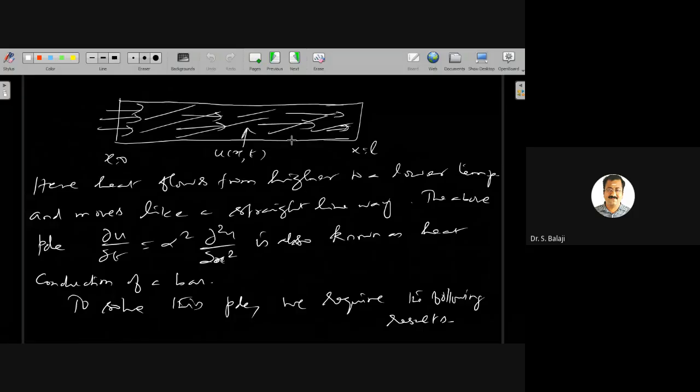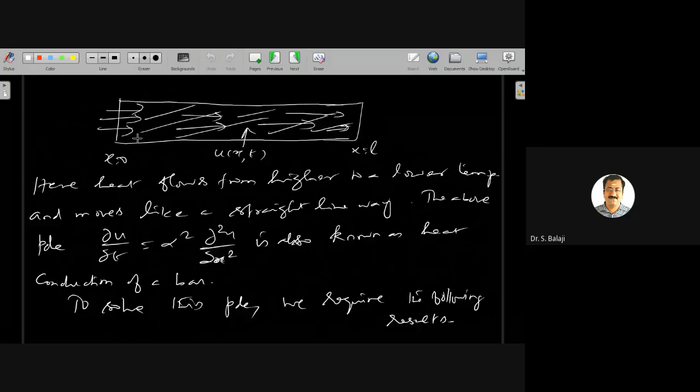So this is your metal bar. Suppose it is of finite length, x equal to 0 to x equal to L. We are heating the metal bar from one end, and then the heat flows through the metal bar. After some time, we are going to measure the temperature at each and every point of the bar, at different points x and at different times t.